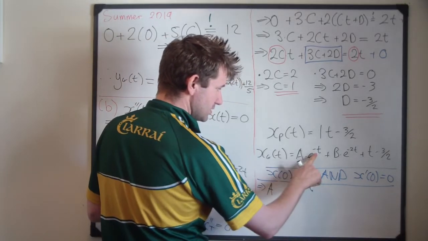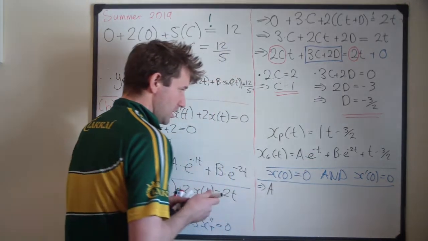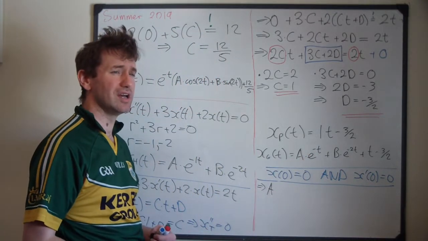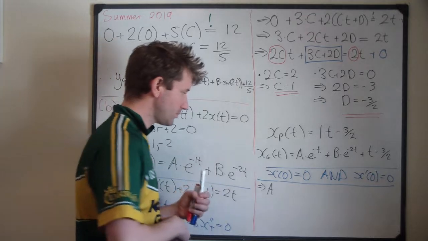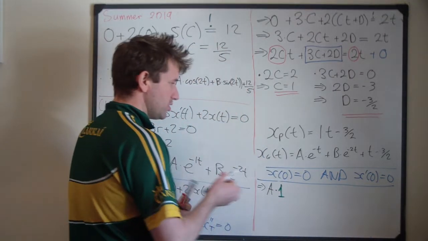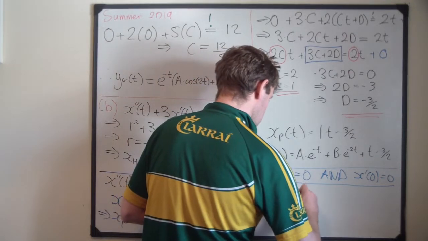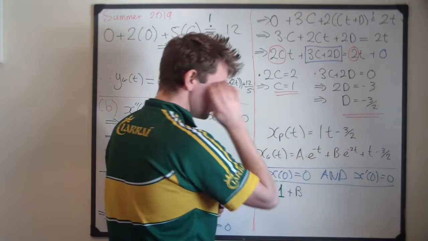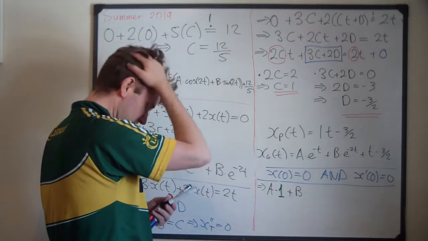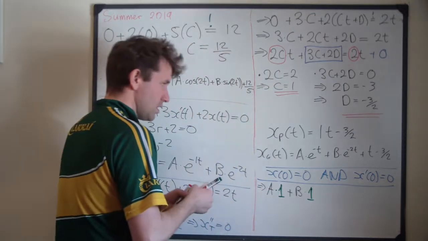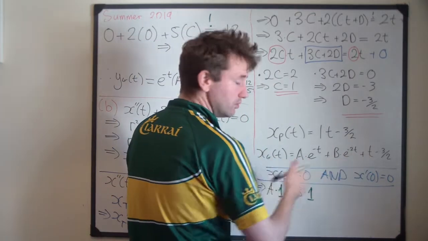If I substitute 0 into this, it's e to the minus 0, which is e to the 0, and e to the 0 is 1. So this is a times 1, plus, similar story, if you substitute in t equals 0 into this, you have e to the minus 2 times 0, which is e to the 0, which is equal to 1. This just gives you 0.